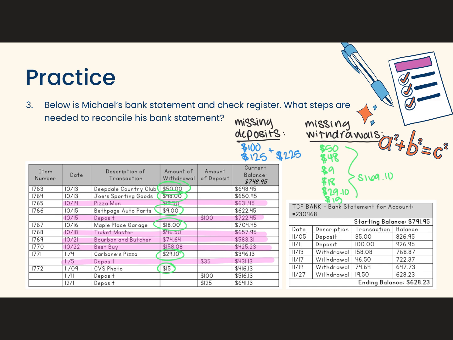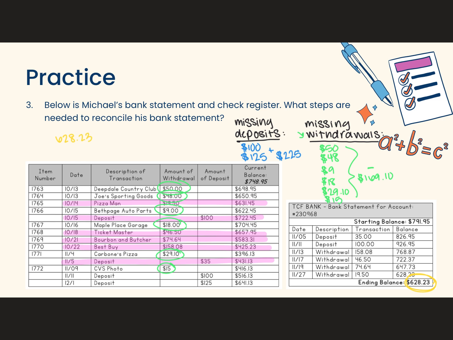$169.10. Now we know that when we are talking about withdrawals, we're talking about subtracting that, so that's going to be a minus at the end of the day. Now what I'm going to do is take my ending balance, which I know seems a little counterintuitive here, but we're going to take this ending balance from the bank. So that's my $628.23.